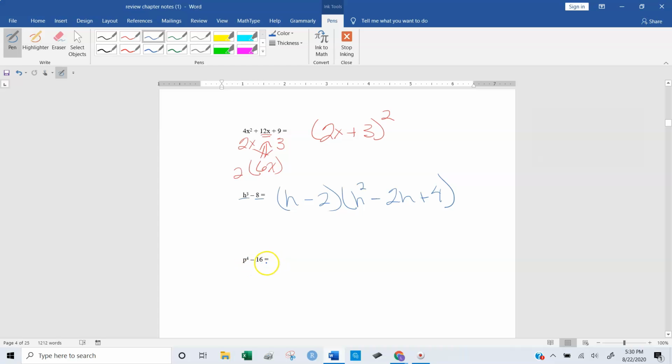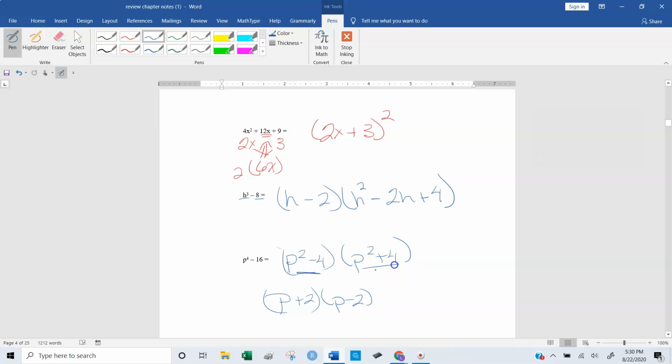Next one, p to the fourth minus 16, difference of squares again. So we have p squared minus 4 and p squared plus 4. The problem right here is most people stop and it's not done. Because if you look here, you have again a difference of squares. So you have to do it again. So the difference of p squared minus 4 is p plus 2, p minus 2.